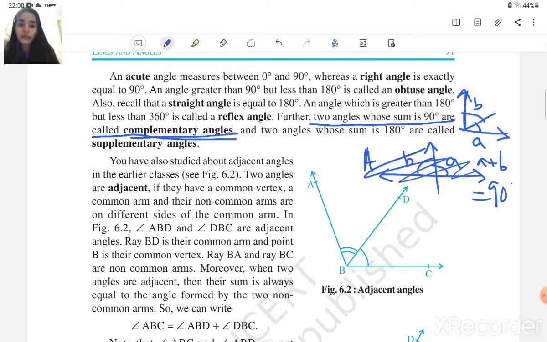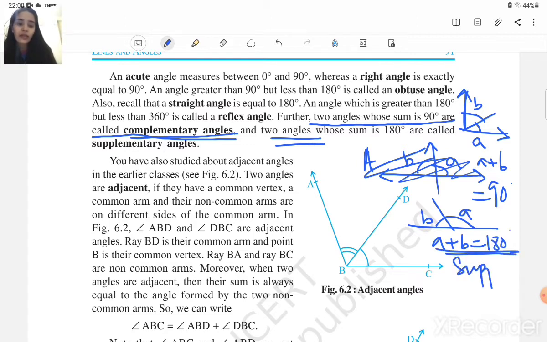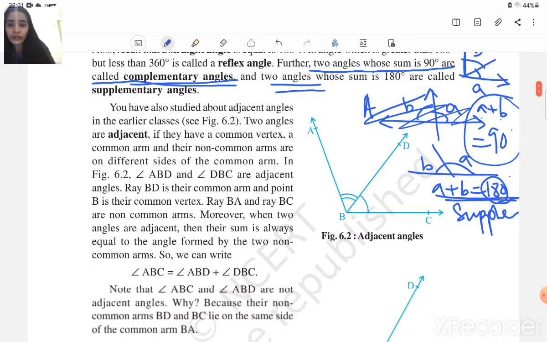A and B are complementary. But if the angle sum A plus B is 180 degrees, then we will say that these two angles are supplementary angles.